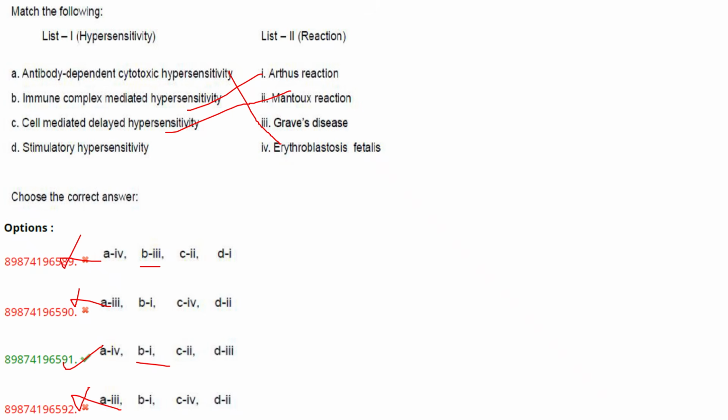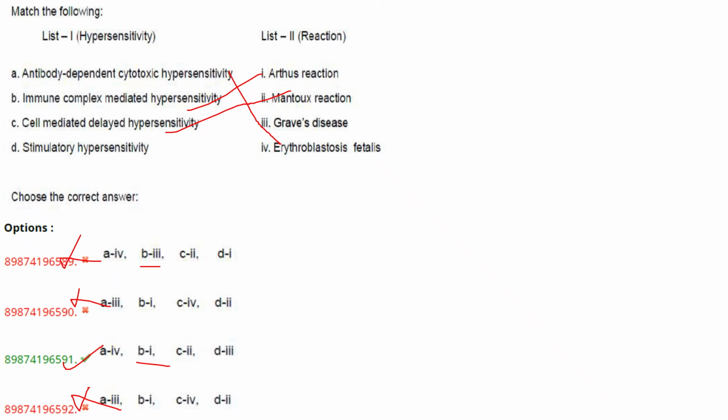So now what will happen here is the thyroid will start secreting the thyroid hormones, and this will result in hyperthyroidism symptoms.